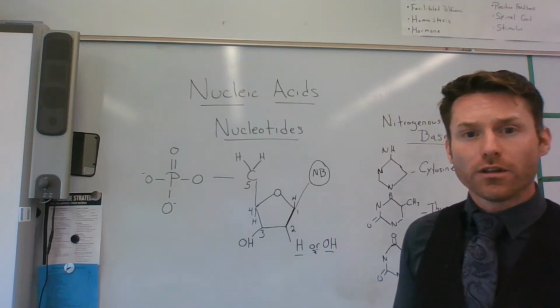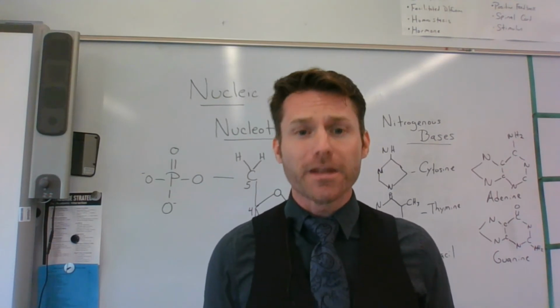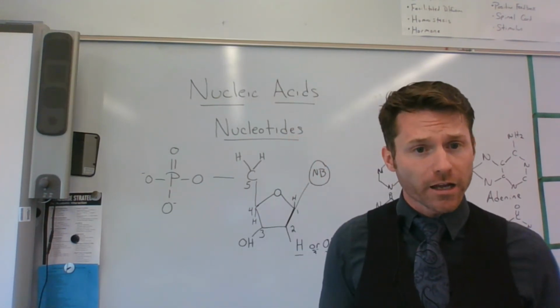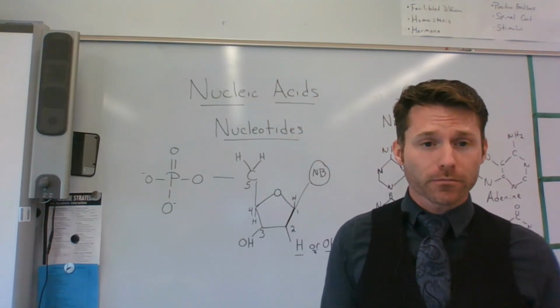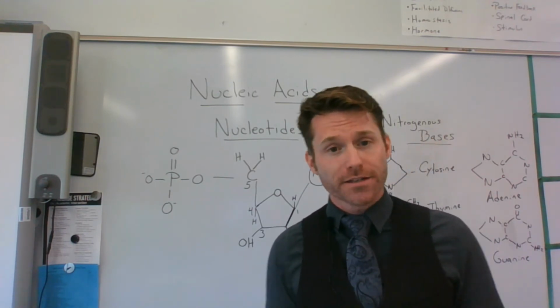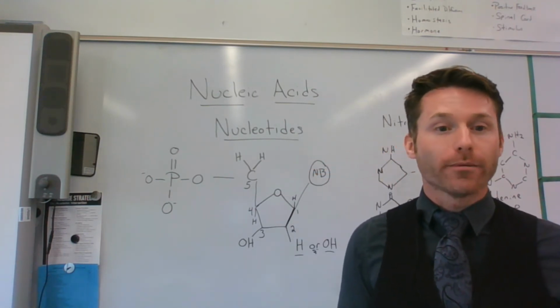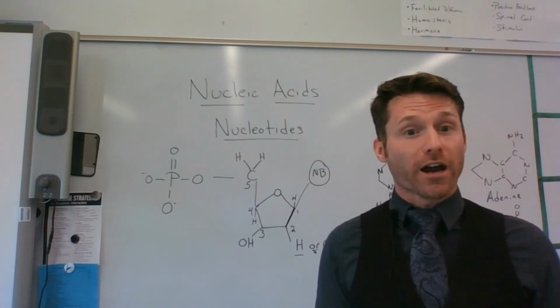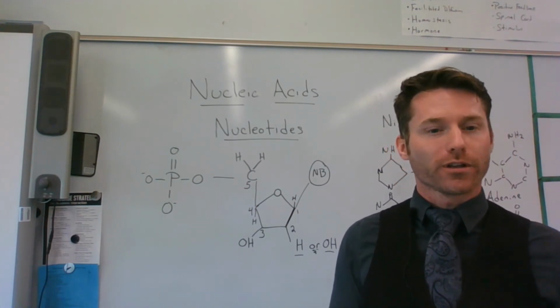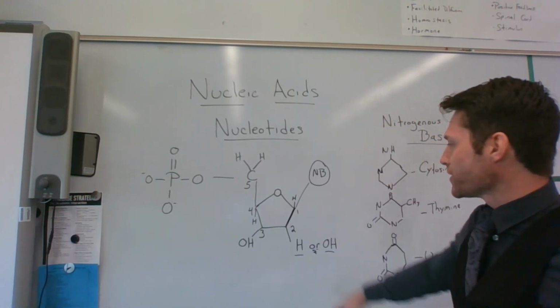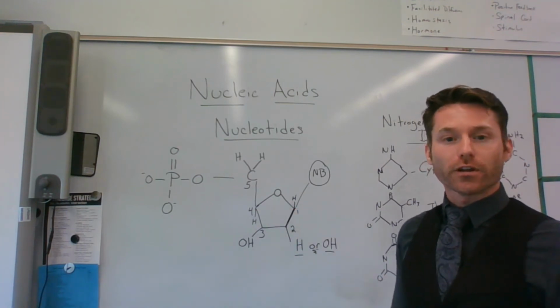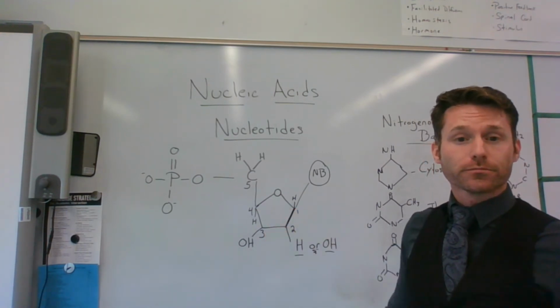Now, the two nucleic acids that should come immediately to mind are RNA and DNA. DNA stands for deoxyribonucleic acid, whereas RNA stands for ribonucleic acid, and that's based on this sugar. So this is a ribose sugar.